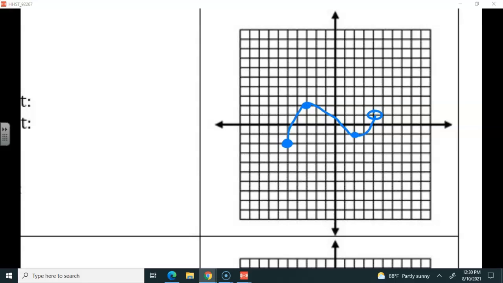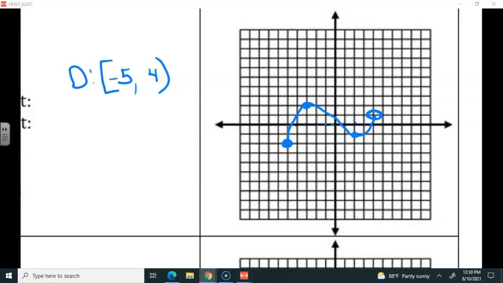All right, in this case, our domain on the left side, 1, 2, 3, 4, 5. So -5, and it's a closed circle. And then all the way from -5 to the right, 1, 2, 3, 4. So that's going to be at 4, and that's going to have a parenthesis because that circle is open.